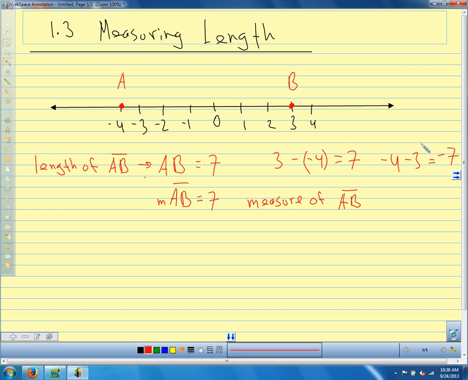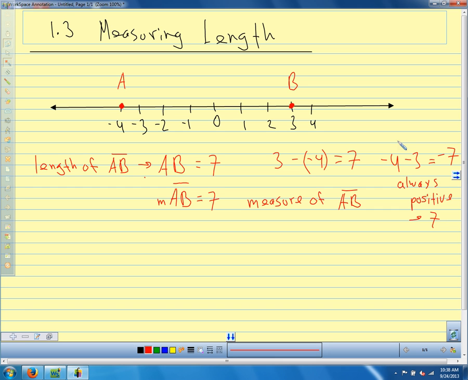We just want our answer to be positive. So we change that to positive, and our length would be 7. If we got a negative number, all we need to do is switch it to a positive number. So our length is always going to be positive.